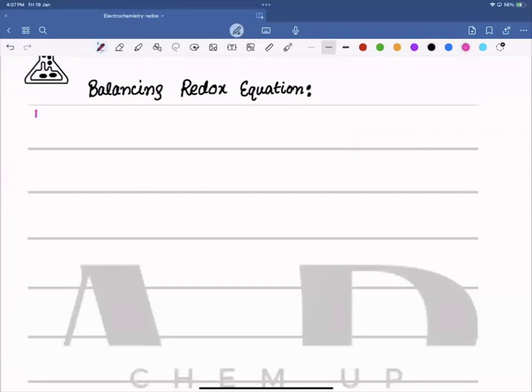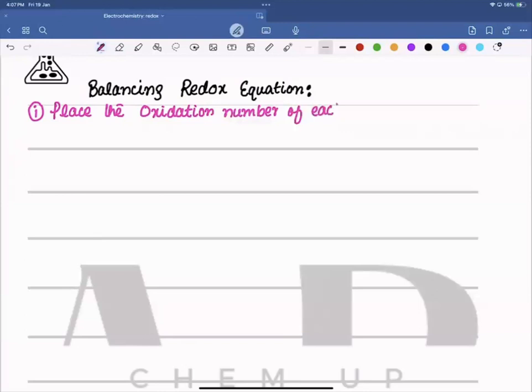So the first thing that you have to do, you have to place the oxidation number of each element in the equation.